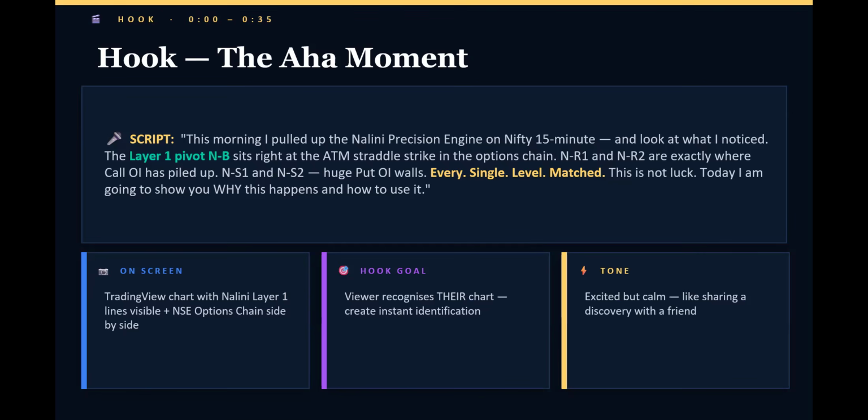NS1 and NS2, these are Nalini morning layer pivots, huge open interest walls. Every single level matched the OI data. This is not luck, friends. Today I am going to show you why this happens and how to use it.